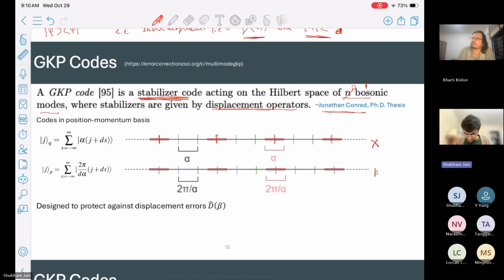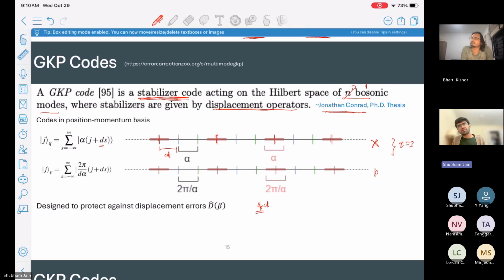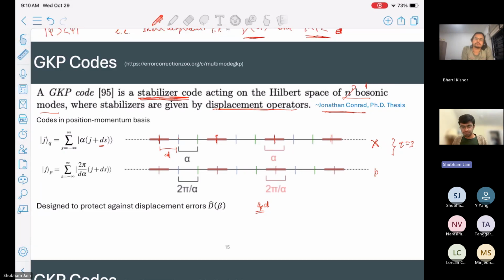You take some region, which is this D. All of this separation is D, and you take equal superpositions of these points which are displaced by Q times D, where Q is the amount of information you're trying to encode. In this case, I have chosen Q equals 3. So you'll see three different colors: red, blue, and green. The superposition of all the red points is one state, the superposition of blue points is another, and the superposition of green is another. And all of these states are displaced by a quantity d.